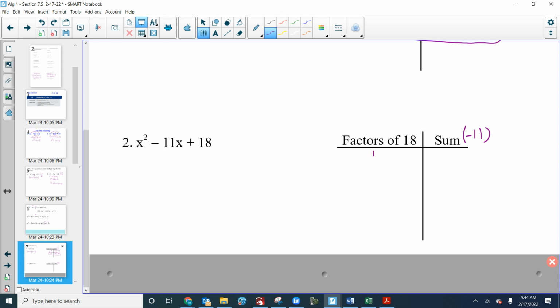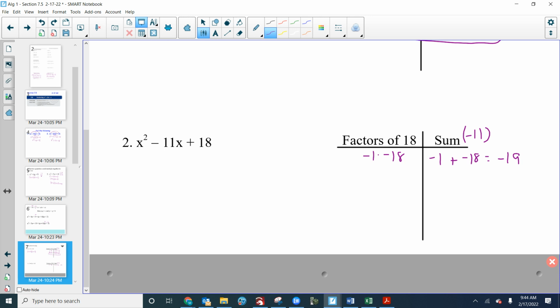Okay, what's 1 times, okay, we know they're both negative, so I'm going to write it like this. Guys, what's negative 1 plus negative 18? Don't say 17. What's that answer? Negative what? 19. Negative 19. Is that my answer? They add up to negative 11.